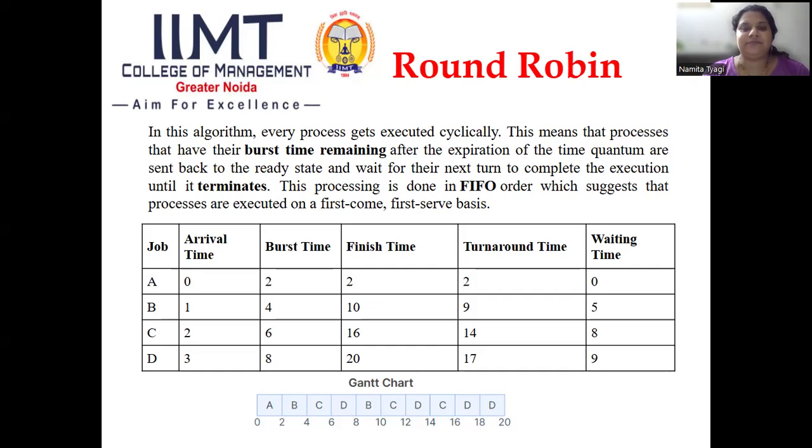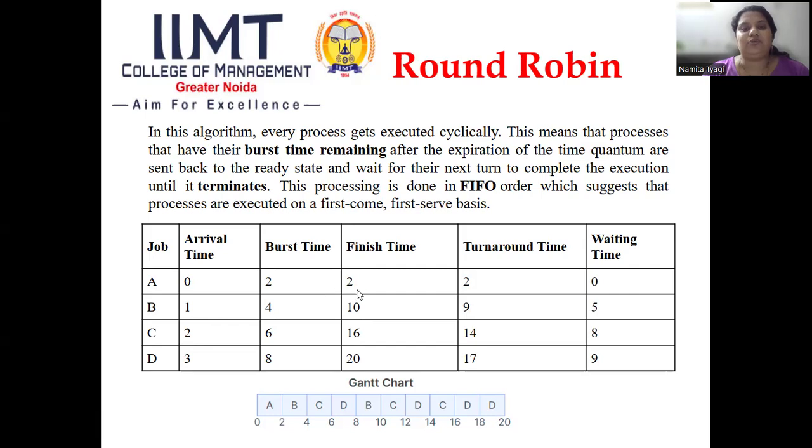This is the Gantt chart related to processes A, B, C, D. The time quantum will be decided for the further execution of processes A, B, C, D. The time quantum here is 2 milliseconds. For 2 milliseconds, the CPU will be provided to process A, whose arrival time is 0 and burst time is 2.